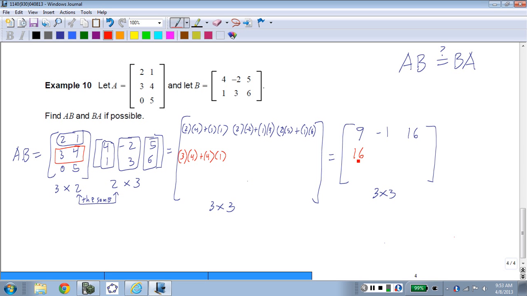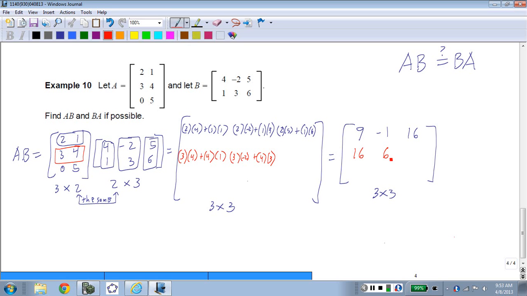Then for the entry in row 2, column 2, we multiply row 2 of the matrix on the left by column 2 of the matrix on the right. 3 times negative 2 plus 4 times 3. And we get whatever negative 6 plus 12 is. That's 6.